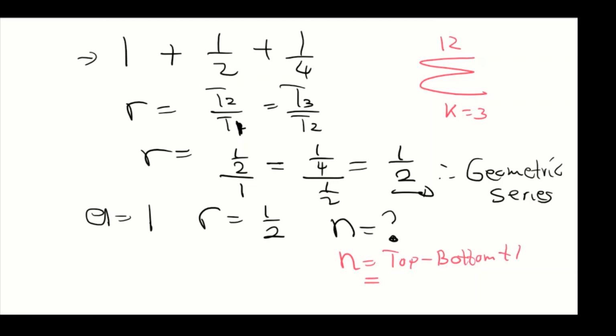So the top is 12 minus the bottom, which is 3, plus 1. So our n is supposed to be 10. Now that we have our n value equal to 10, we are able to find the sum of the series.